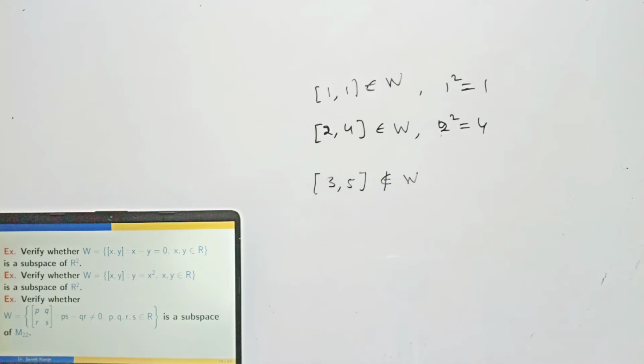Next, verify W which carries 2 cross 2 order matrices such that the determinant, PS minus QR, is non-zero, means non-singular 2 cross 2 matrices.